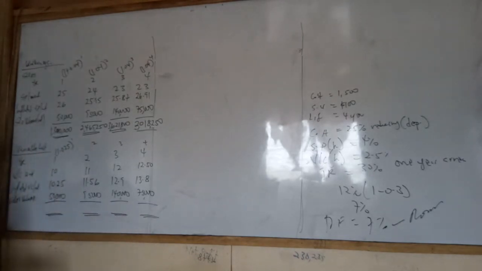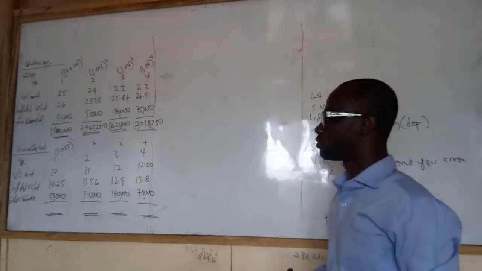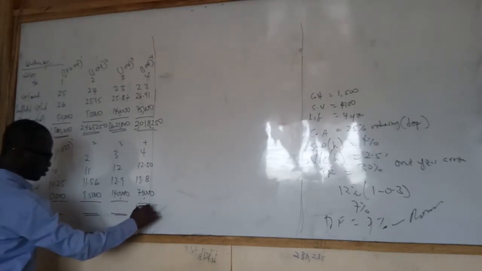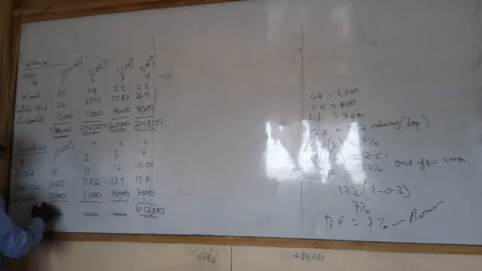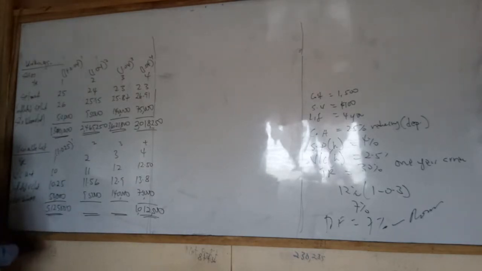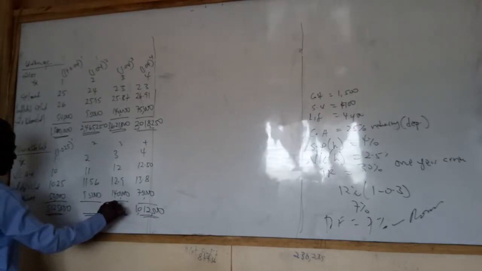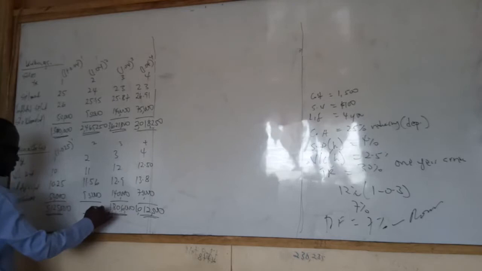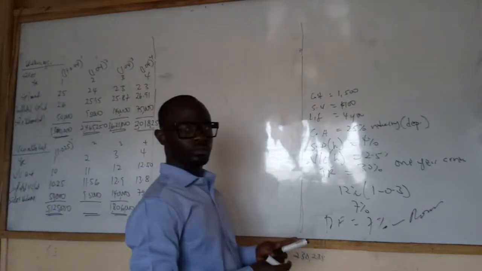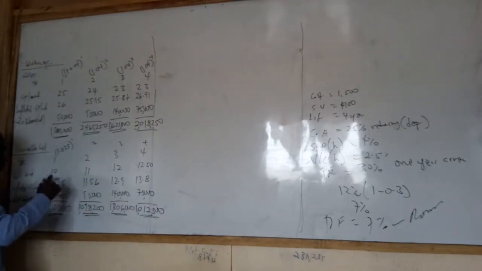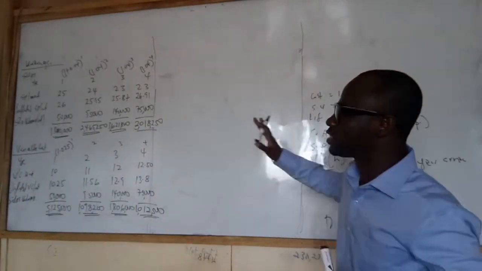The first one is 512,500, then 1,806, the third one is 1,098,200.